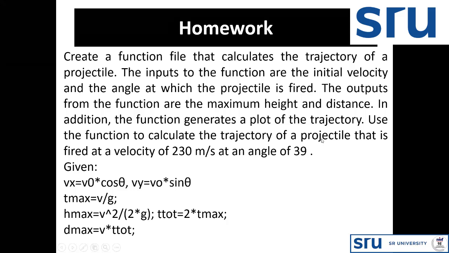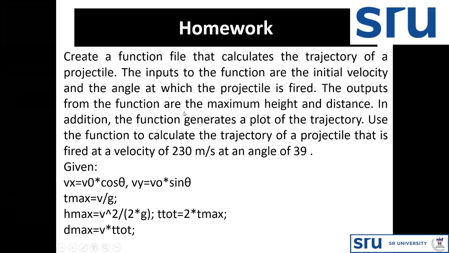Create a function file that calculates the trajectory of a projectile. Basically it is a projectile motion related problem. You know everything, nothing is difficult, all the values are given, only the statement is very big, but the problem is very simple. The inputs to the function are the initial velocity and the angle of projection at which the projectile is fired.